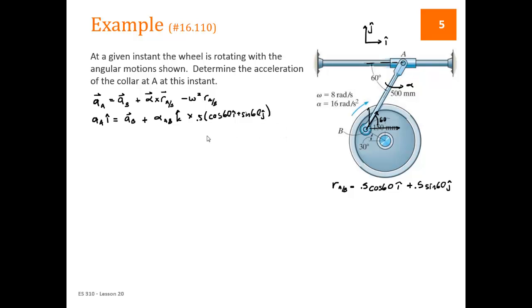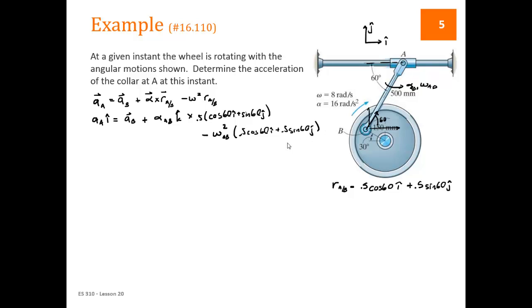All right, then we have minus omega squared. We don't know omega squared yet, so that's omega_AB, and alpha_AB, right? Times R again, so that's 0.5 cosine of 60 i hat plus 0.5 sine of 60 j hat. So that is our final equation.